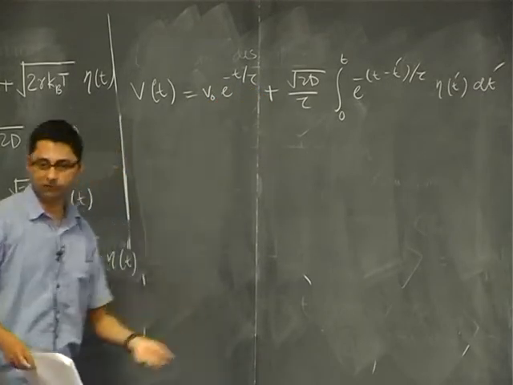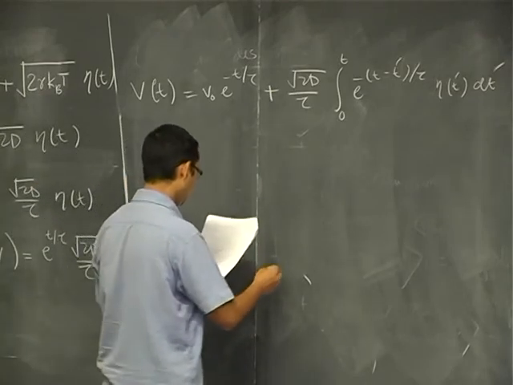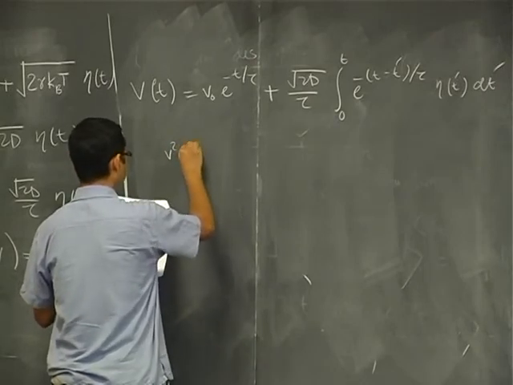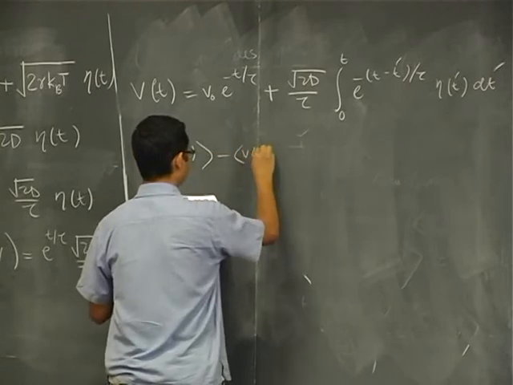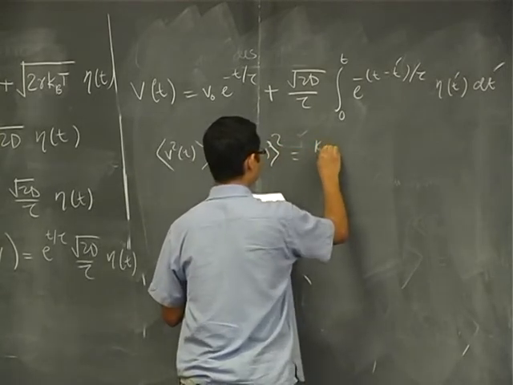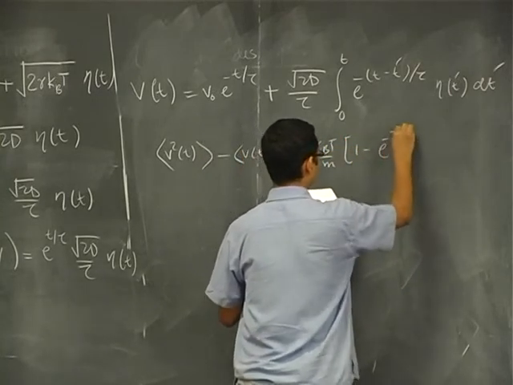You can also calculate the variance, and what you obtain is: average of v squared at t minus average of v at t, squared, is equal to kBT by m times 1 minus e power minus 2t by tau.